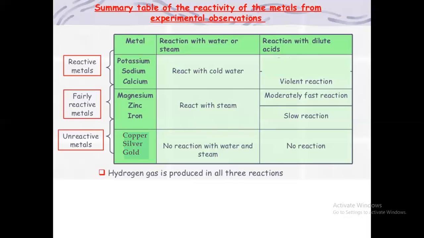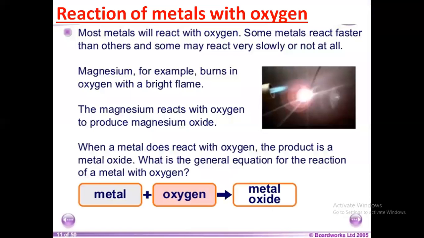Okay. Now I will move towards the next slide. Now we will see the reaction of metals with oxygen, right? Most metals will react with oxygen. Some metals react faster than others, and some may react very slowly or not at all, right?